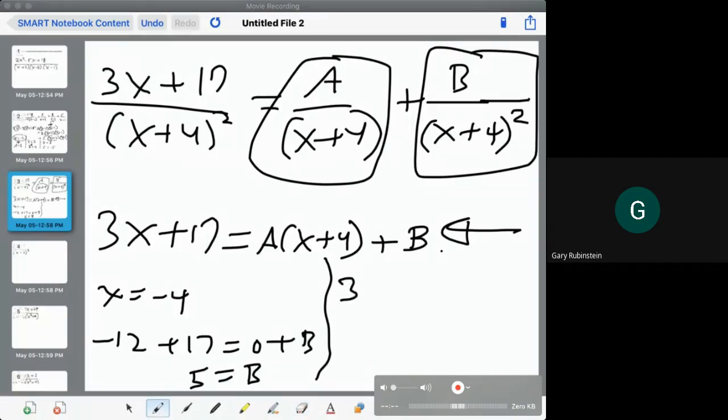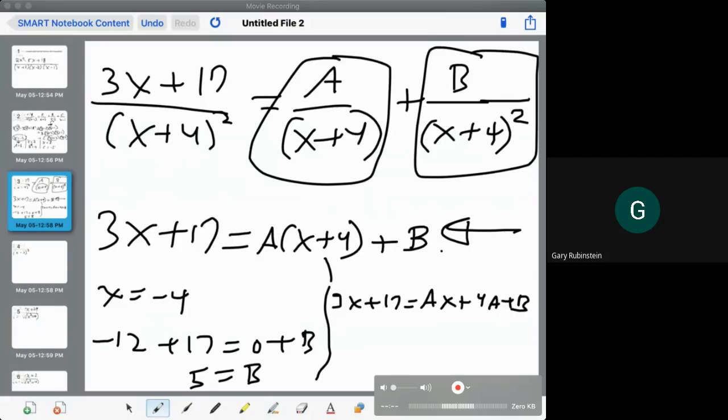Basically, imagine you're doing method number 1. You get ax plus 4a plus b. Let me write that a little bit better. So I have 3x plus 17 equals ax plus 4a plus b.